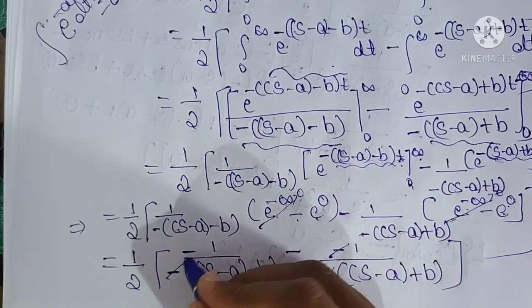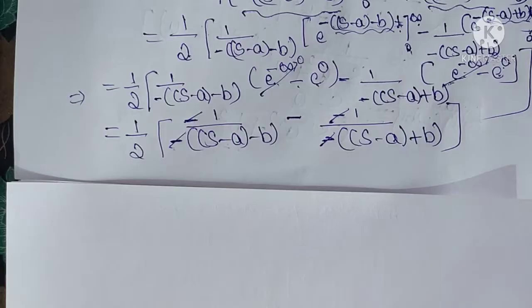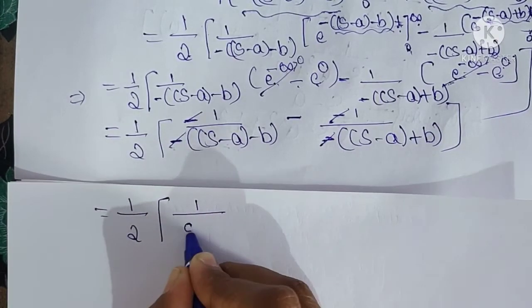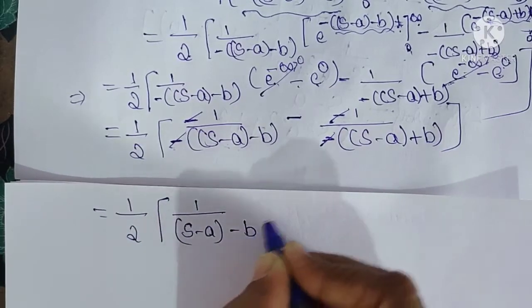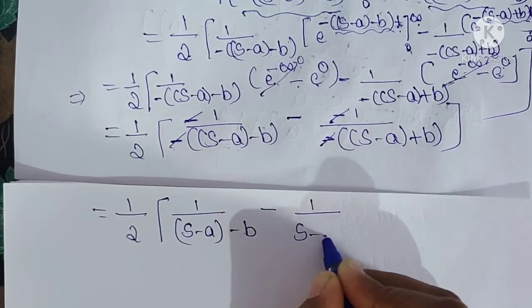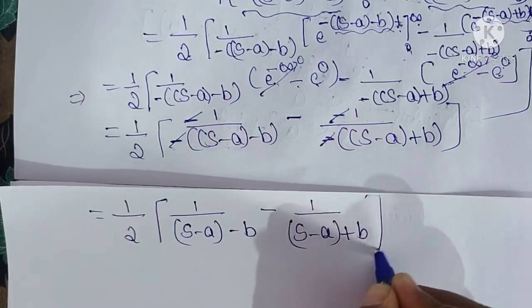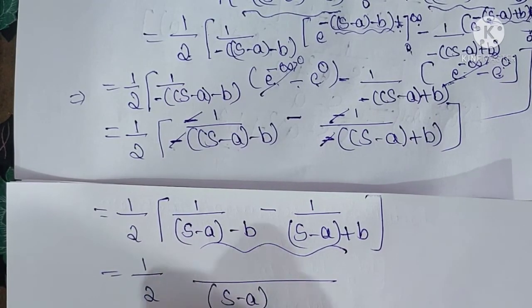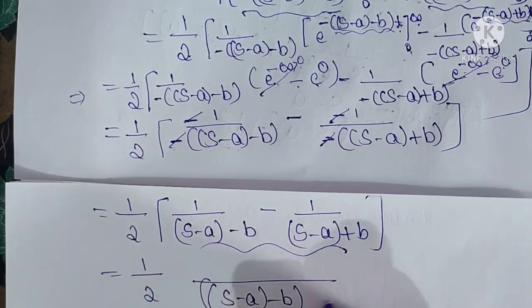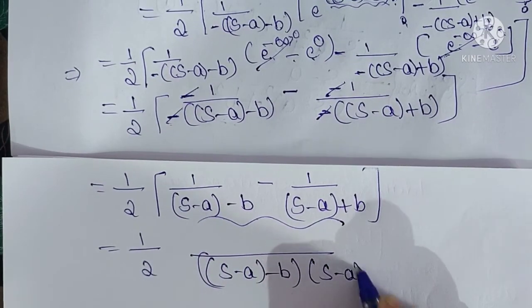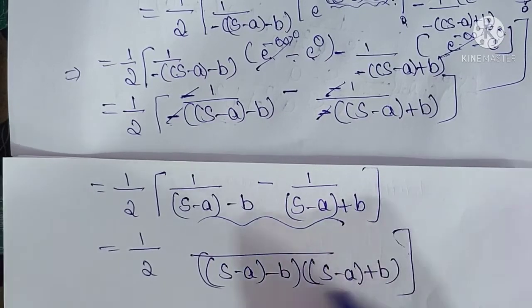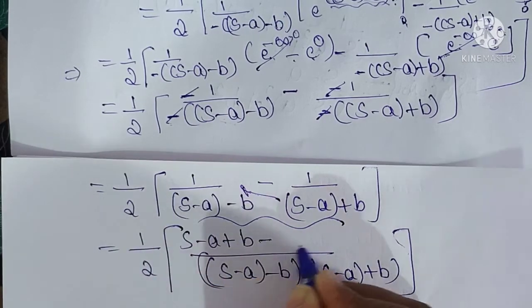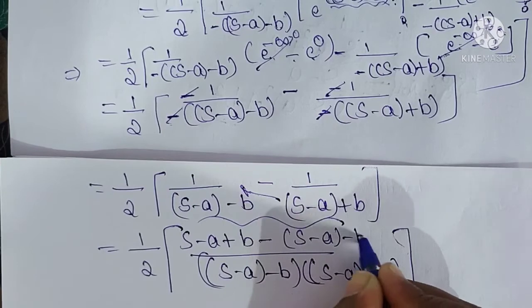Minus minus gets cancelled. In the remaining terms, remaining 1 divided by s minus a minus b, minus 1 divided by s minus a plus b. Now take the LCM of these two terms. 1 by 2 into s minus a minus b into s minus a plus b. Cross multiplication: s minus a plus b minus s minus a minus b.